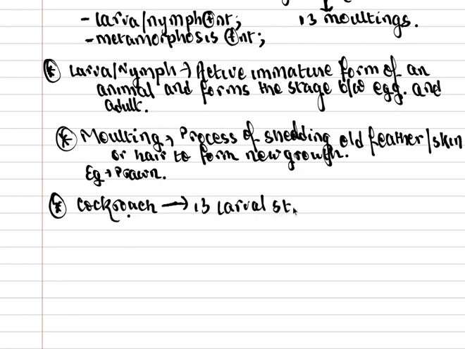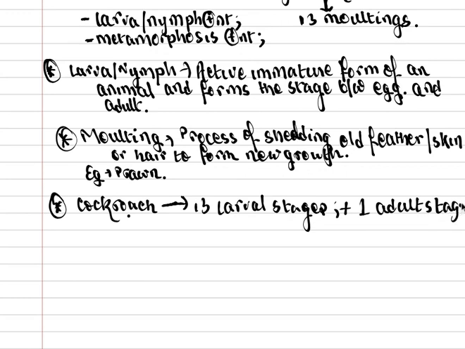Look, when it underwent molting for the first time, the second stage was formed. Similarly, when it underwent molting for the second time, the third stage was formed. So, when it underwent the molting for the 13th time, the 14th stage was formed, which was the adult. So, it has 13 larval stages and finally one adult stage.